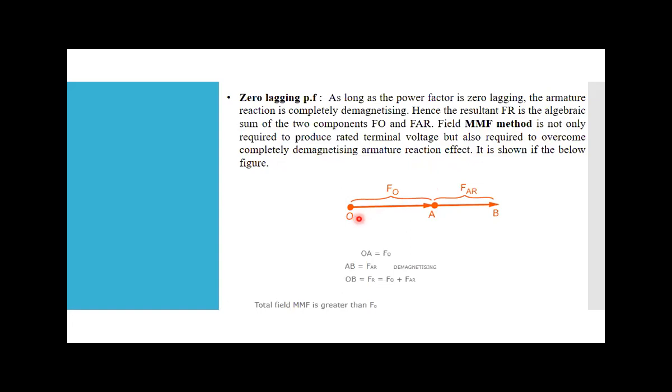OA is my FO, AB is my FAR, so total OB is my resultant flux, FO plus FAR. We require a higher field MMF to overcome this demagnetizing effect.